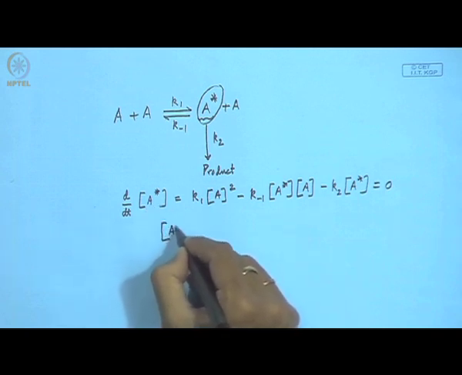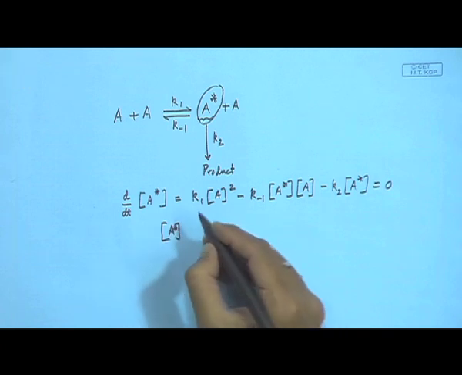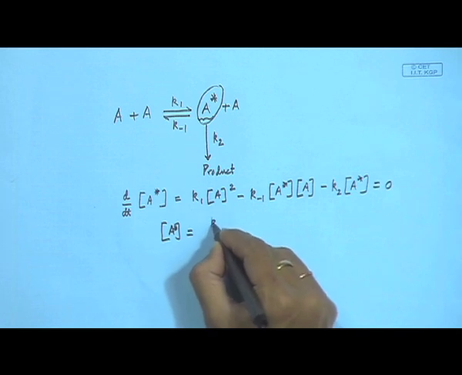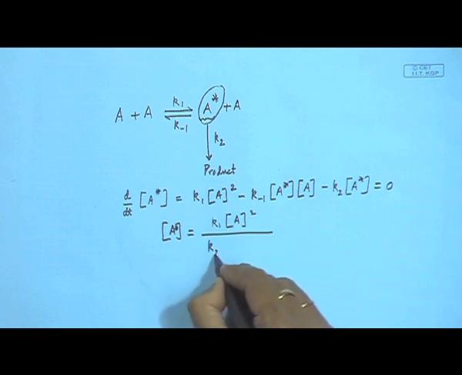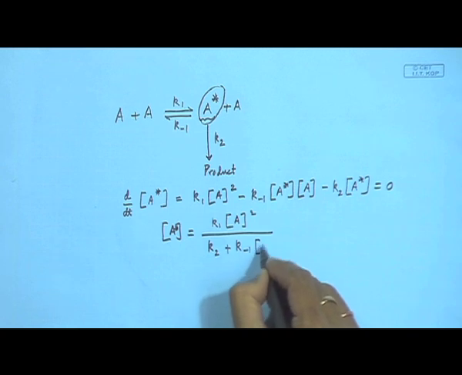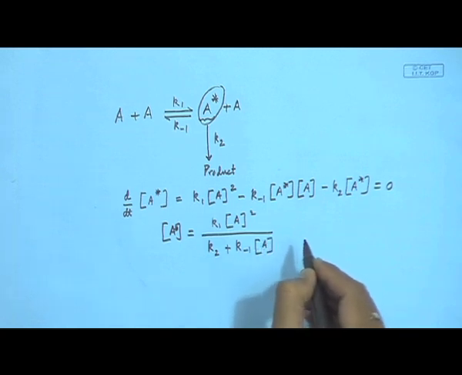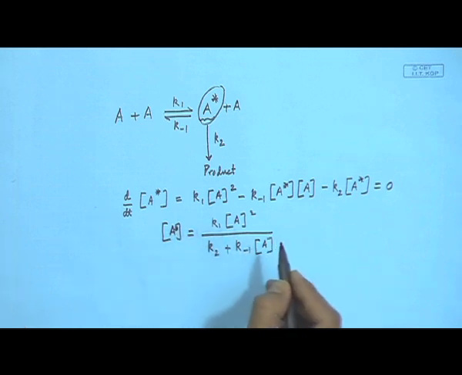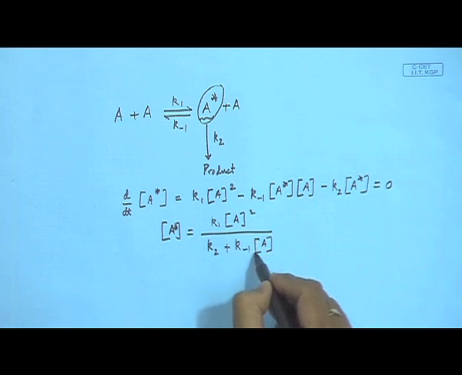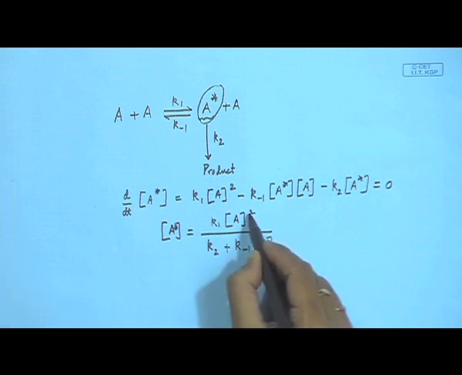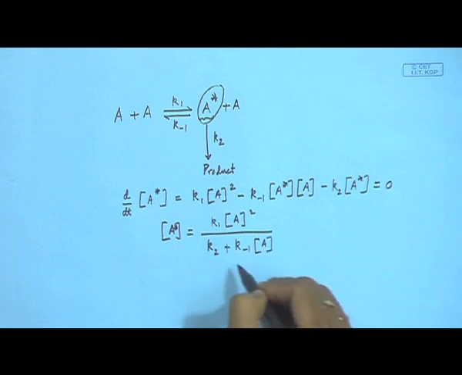Therefore, concentration of A star is equal to K1 A square divided by K2 plus K minus 1 into A. The reactive species concentration has a square term in the numerator, and the denominator has a first power of A. It will give rise to some peculiar feature that I will talk about in the next slide.